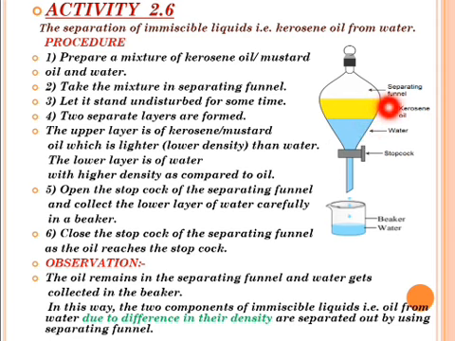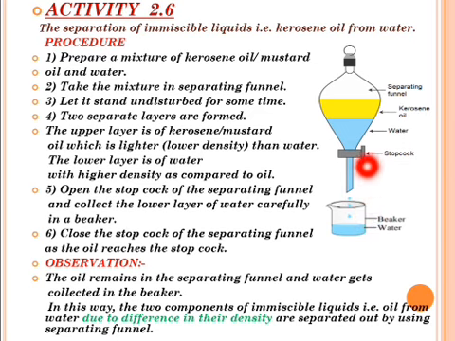The upper layer is of kerosene or mustard oil, which is lighter, having lower density than water, and the lower layer is of water with a higher density as compared to oil. Now open the stopcock of the separating funnel and collect the lower layer of water carefully in a beaker.